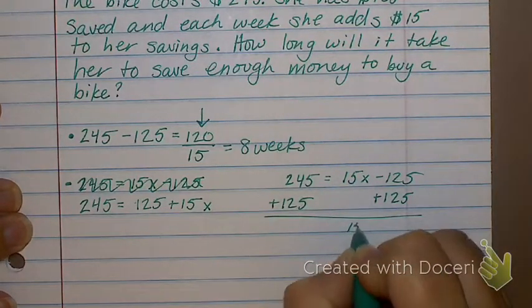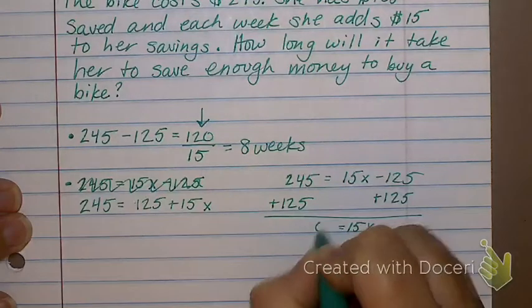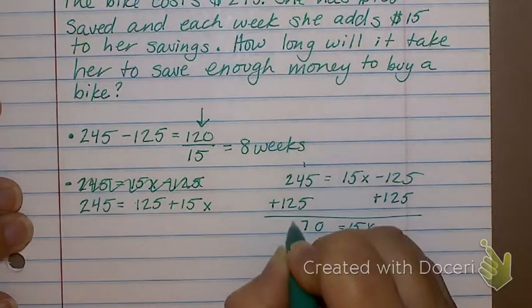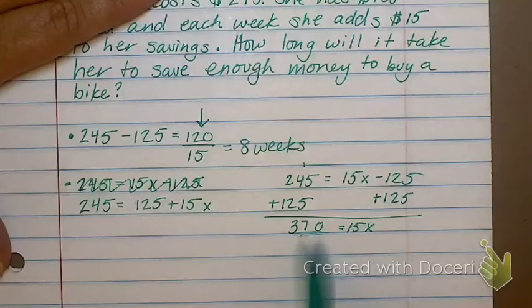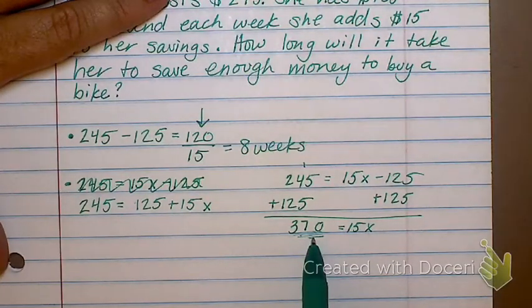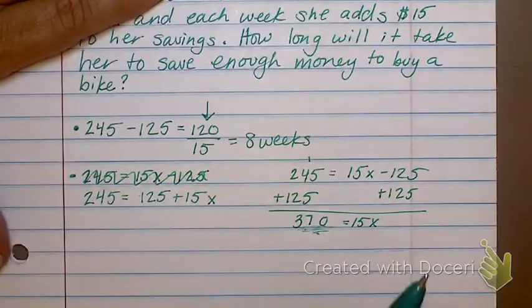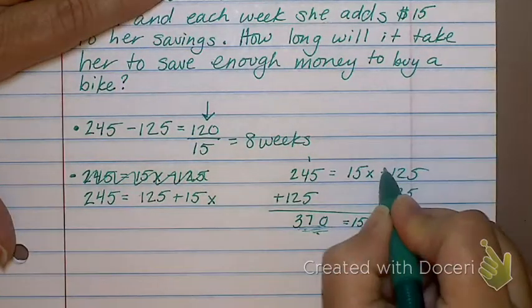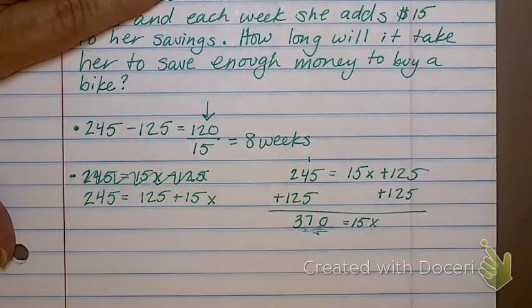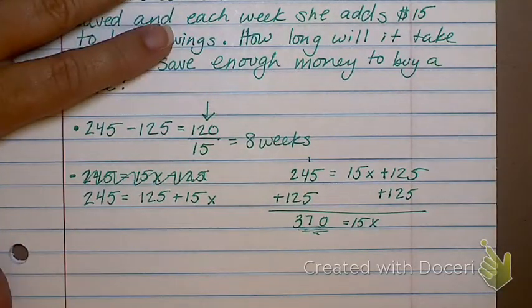That means 15x equals 370. Does she need to save $370? No. So how could we make that equation match that one? We should make it a positive 125. Good catch on that one.